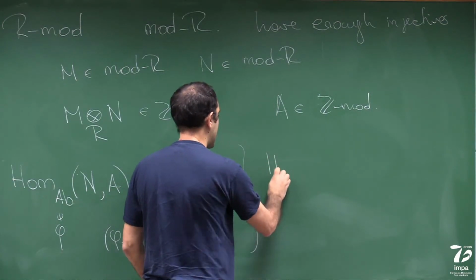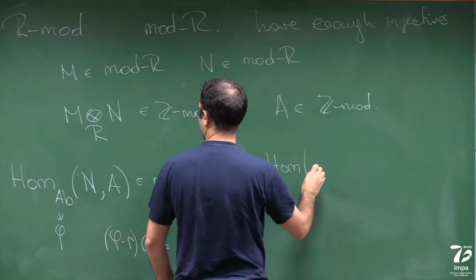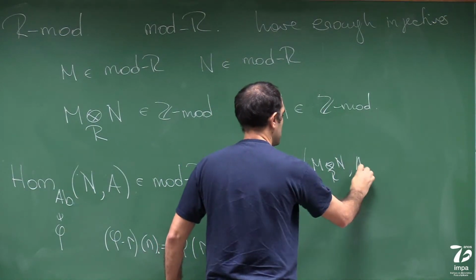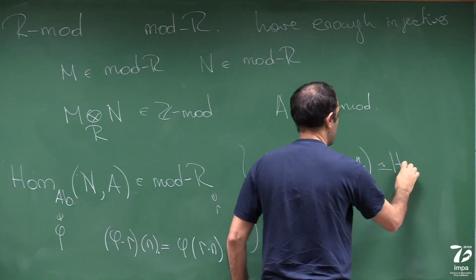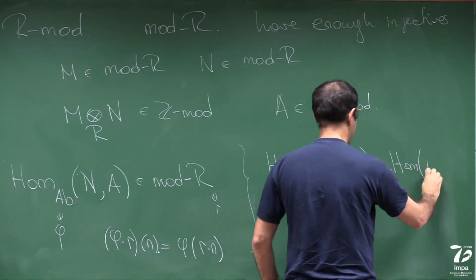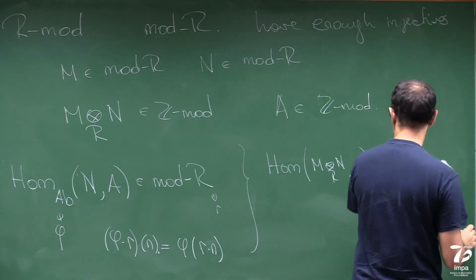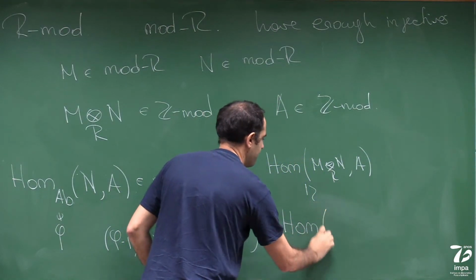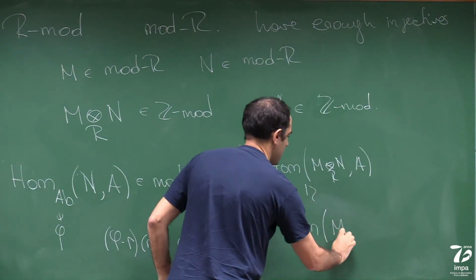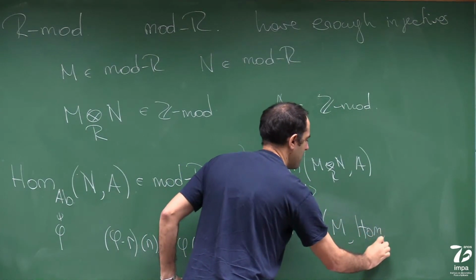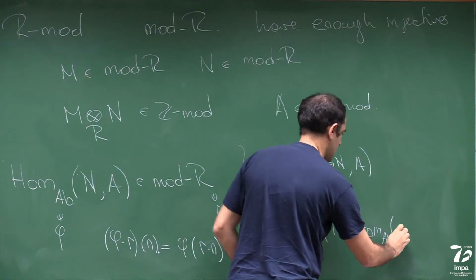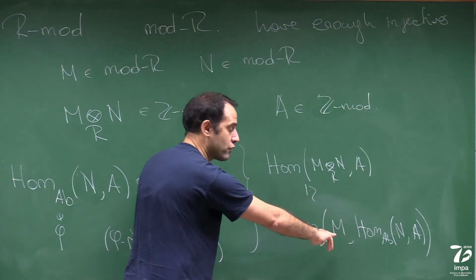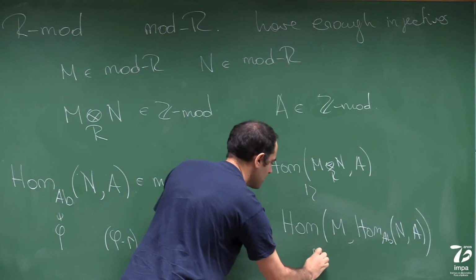So what we had is a natural map from hom of M tensor_R N to A, isomorphic to hom of M to hom of abelian groups from N to A. Now this hom is taken in the category of right R modules.